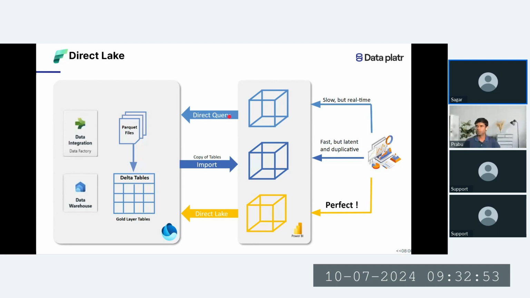Any changes in the data source are immediately reflected in your query and you can show it in your report. But there's one drawback here: this can be slow, because every time it has to be converted into SQL and fired into the database to get the results. But it avoids copying and storing the data in the semantic model.